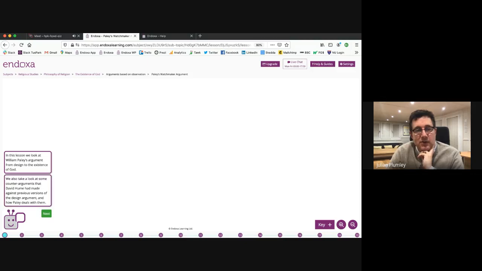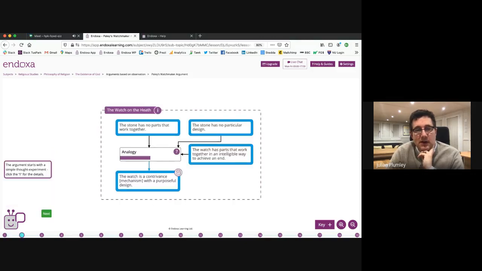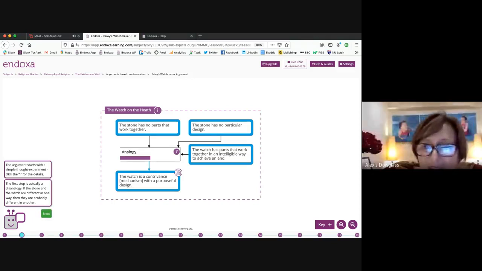They can go through and start clicking on these things: click on the brains, click on the question marks, click on the eyes, and really find out about the argument. That is so helpful. There's also the chat box, live chat, as well as the weekly support that will be coming through GDST.